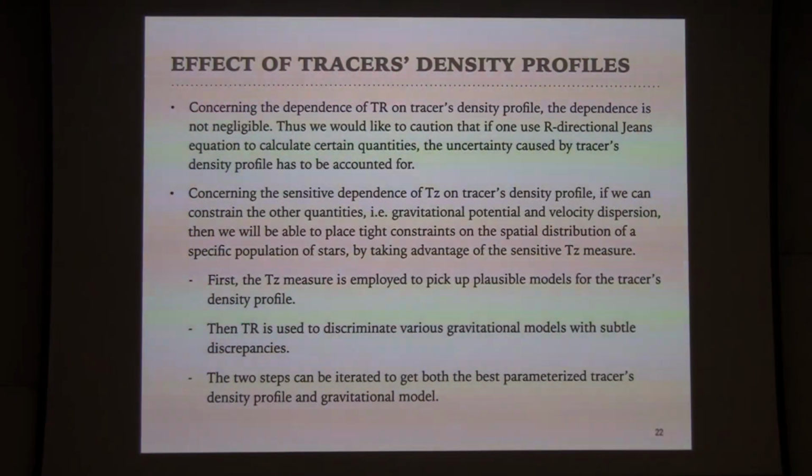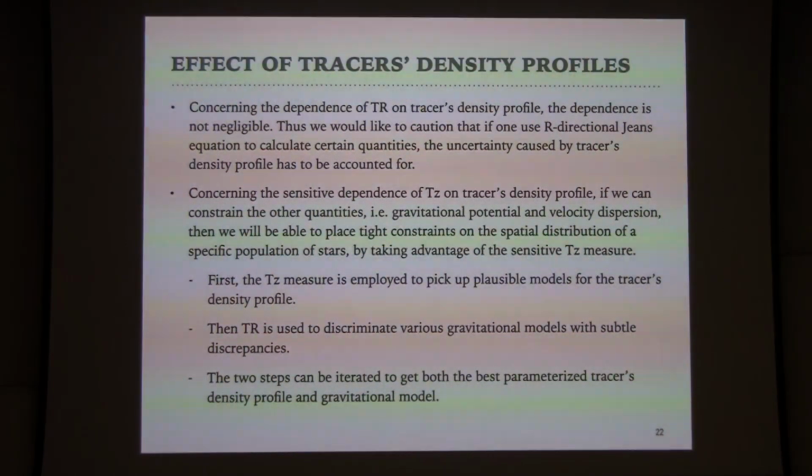And when examining the effect of the tracer's density profile on TR, we find that the dependence is not negligible. This reminds us to account for the uncertainties caused by the tracer's density profile if we use the radial Jeans equation to calculate some quantities.